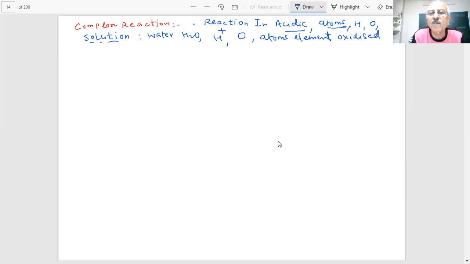So in such cases, what is the procedure? How will we balance such a reaction, students? For example, I'm giving a question: you are given Cr2O7 2 minus going to chromium 3 plus. Now we say balance the half reaction.